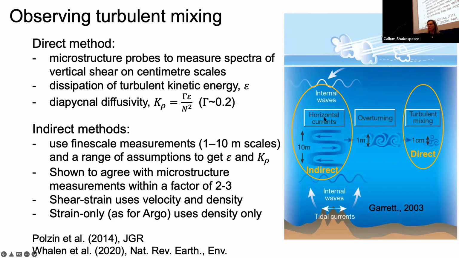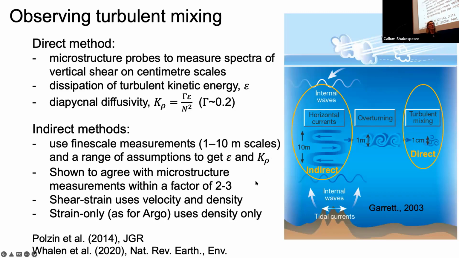More traditional instruments can only measure at this 1 to 10 metre vertical scale. So that's our CTD, LADCP, and the higher vertical resolution of the EM-APEX floats. And with those measurements, we can use indirect methods that take these larger scales and apply a range of assumptions to get epsilon and K rho, or diapycnal diffusivity.